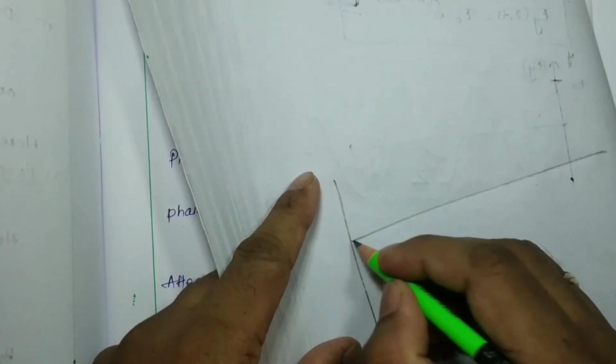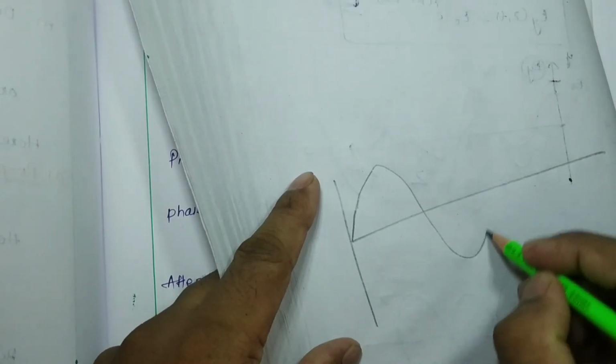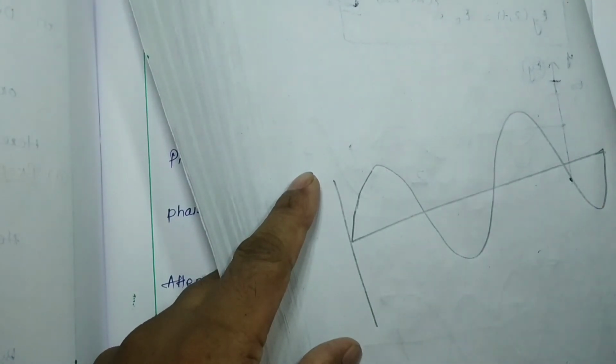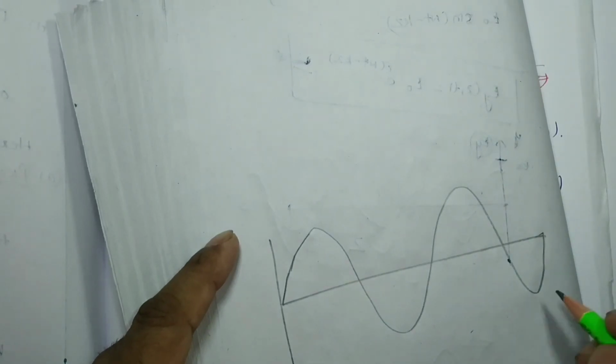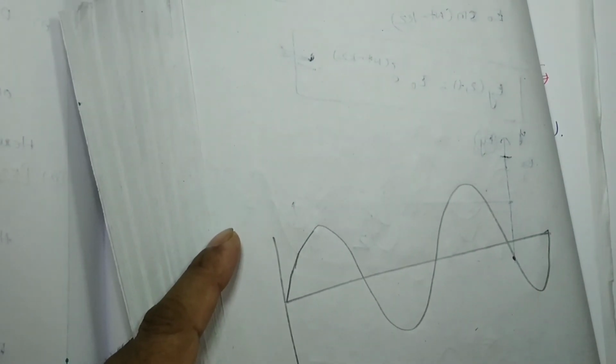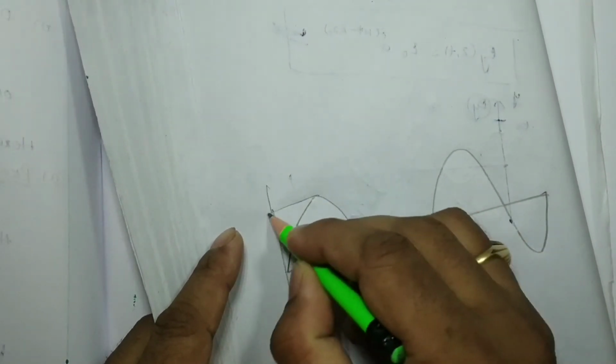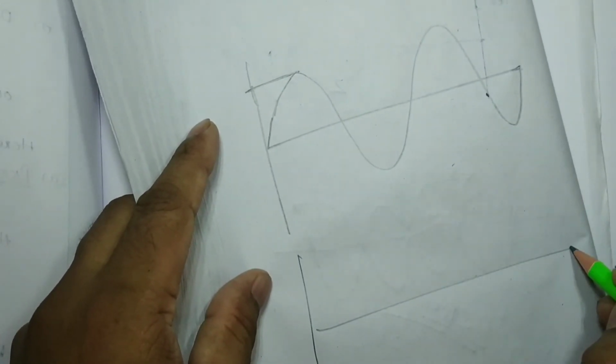Suppose this is your wave. If we consider a dielectric medium, then this amplitude is not going to change. This amplitude is not going to be changed, but the phase is going to be changed.